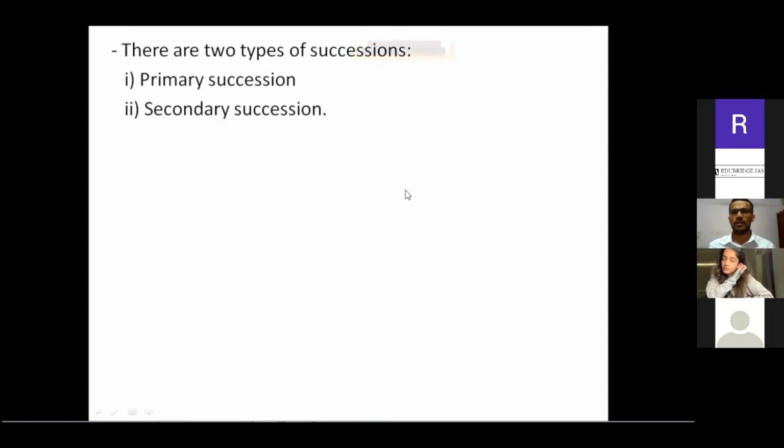Fine. Now, I hope primary succession is clear. Primary succession is a type of ecological succession which occurs on a lifeless habitat. A barren land or barren habitat is there, and that is being colonized by pioneer species, and eventually it leads way to the climax community.